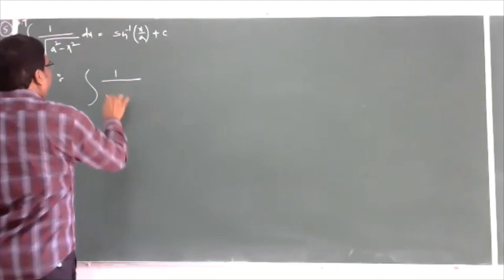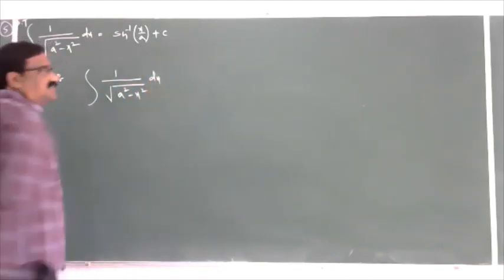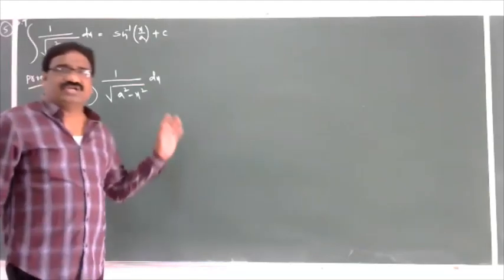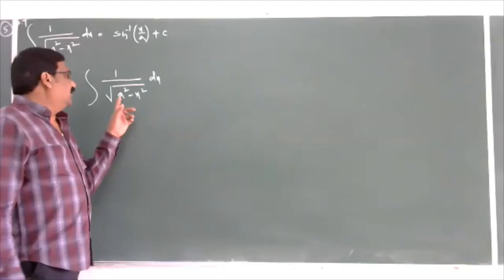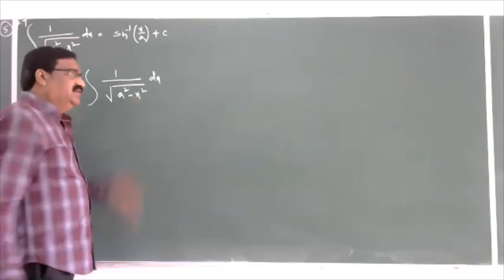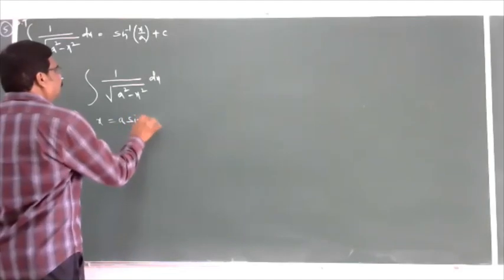Integral 1 by root of a square minus x square into dx. Here the substitution depends on the given function. You can estimate that here a square minus x square is given, so you can substitute x is equal to a sin theta.